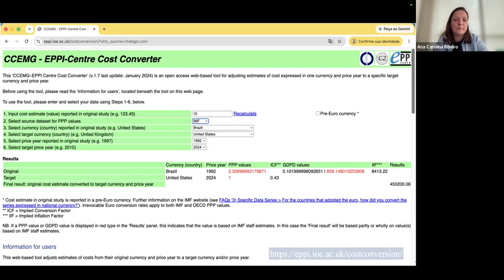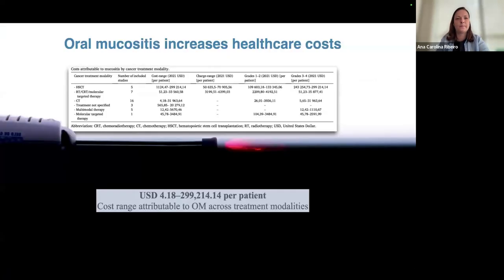In 2021 it was very important for our students to use this tool because we converted all the values for them and compared them for the recent years.